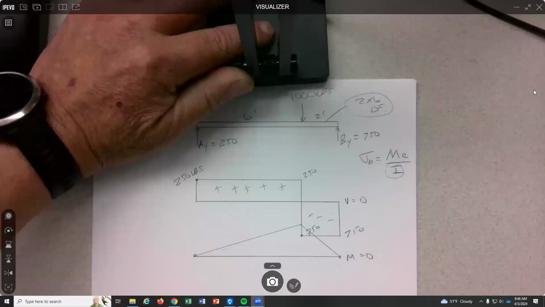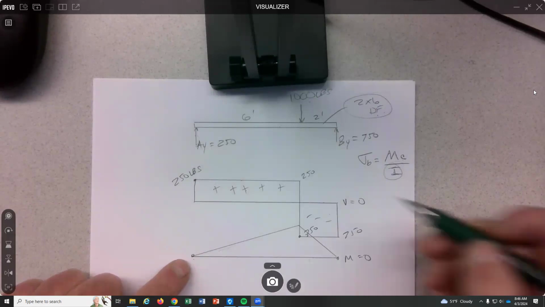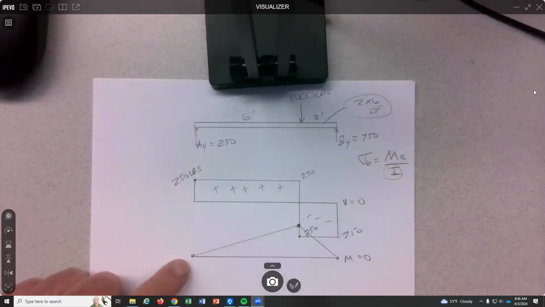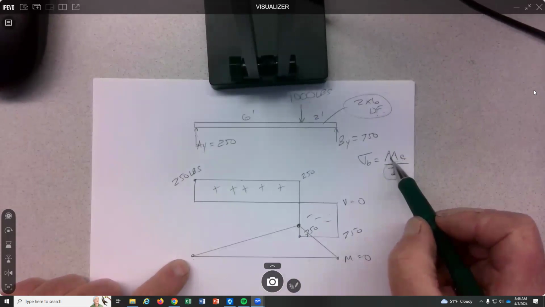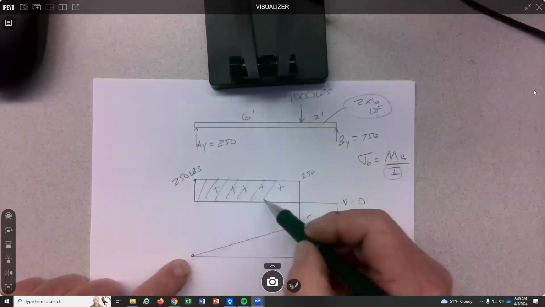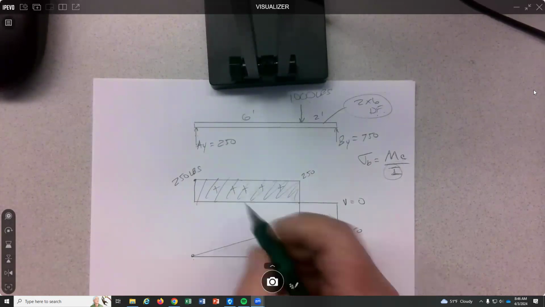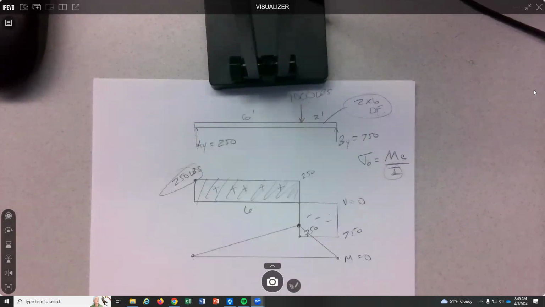All right. So once you do this and you figure out, oh, where's the maximum moment? It's right here, right? That's the maximum moment, just looking at the moment curve. How do we get that number? Because that's what I want here. Area of the shear gives you the moment. Area of the shear is what? It's 6 feet and 250 pounds.